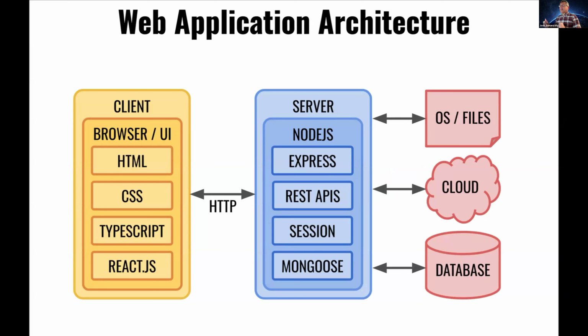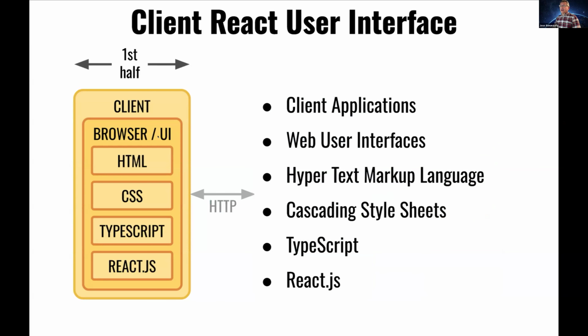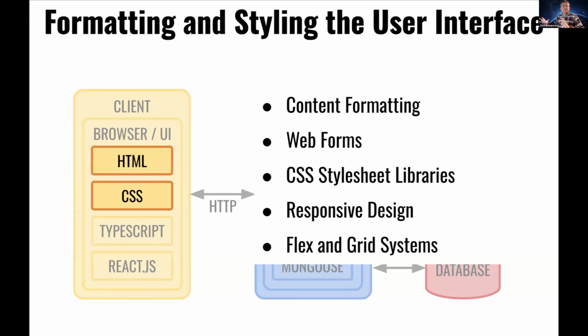What we've been focusing most of our attention on is the first half, where we're building a user interface that can interact with users, where users can click and drag and move their mouse and see visual feedback of their actions.